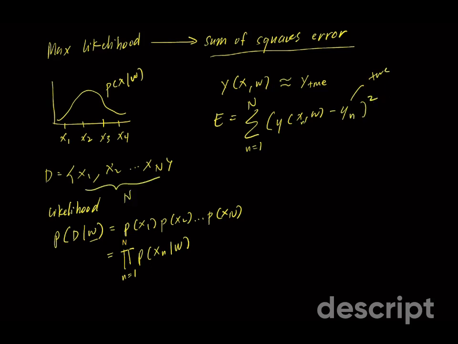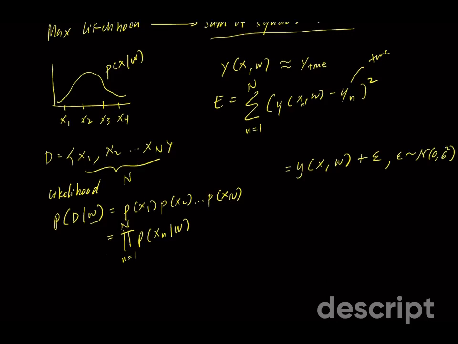Now we want to show the relationship between maximizing the likelihood and the sum of squares error. To do this, we're going to consider a model y given x and some parameters w, but we're going to add Gaussian noise epsilon, such that epsilon is taken from a normal distribution with mean 0 and variance sigma squared, and we're going to call this t.